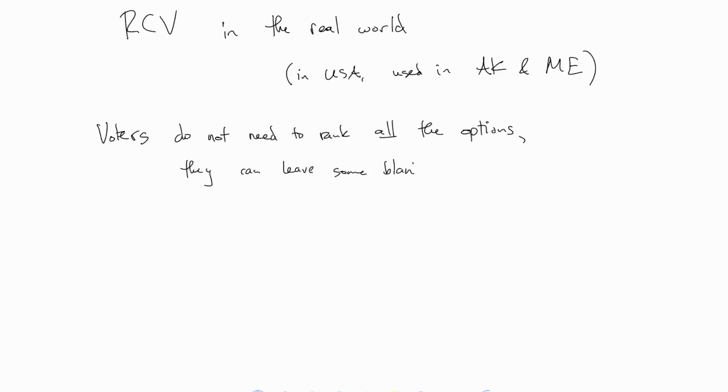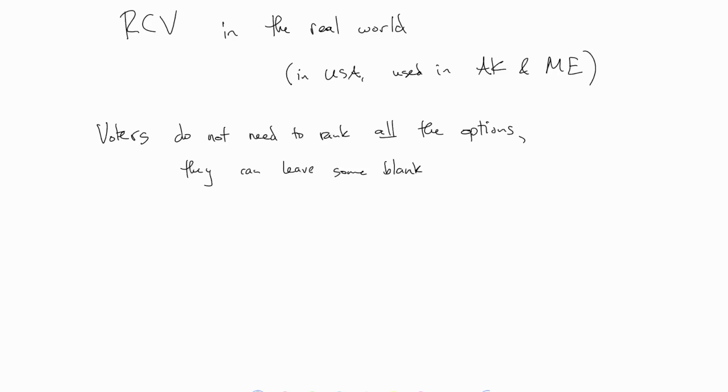And what that means is, if I just leave somebody out of my rankings, I don't ever want my vote to count for them in any of the rounds. Remember how ranked choice works with the rounds, right? You count your votes for some people, and then if your guy gets eliminated, your vote gets to count for the next person down on your list.